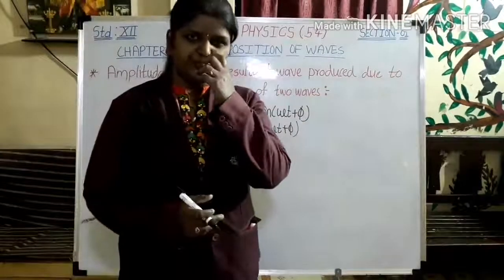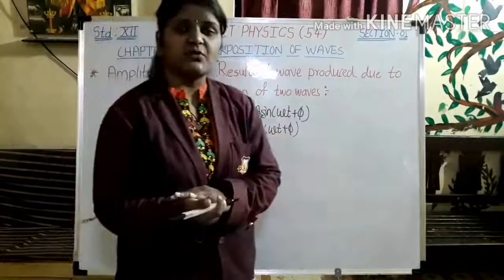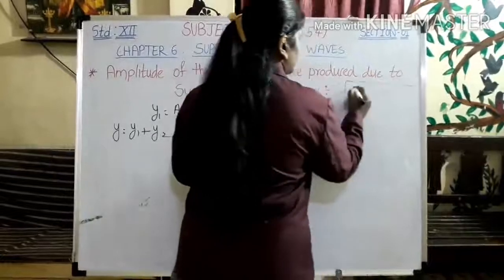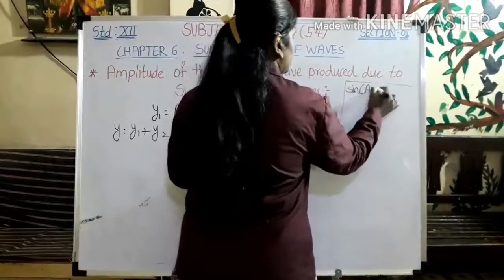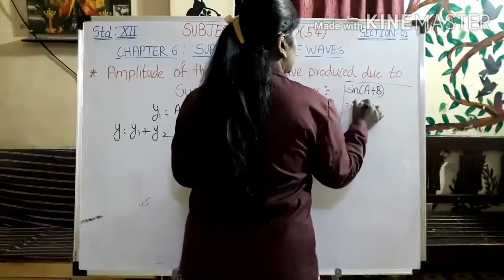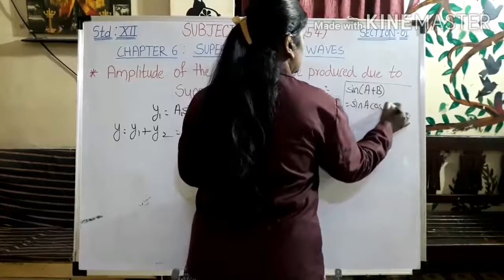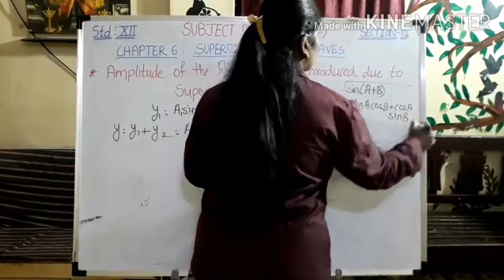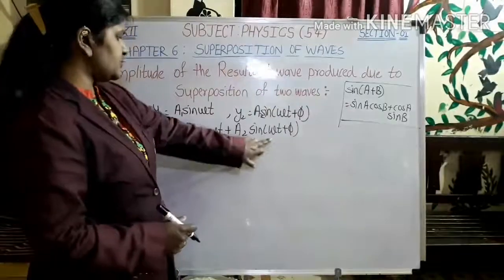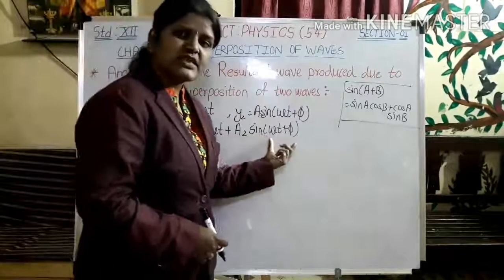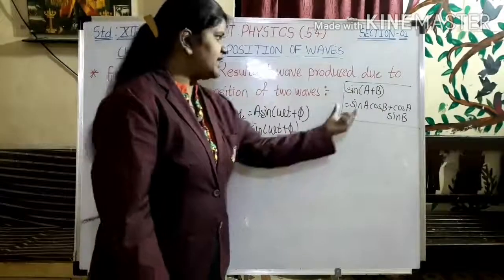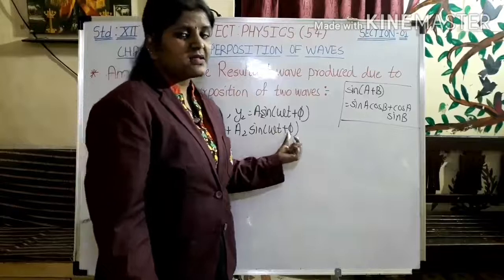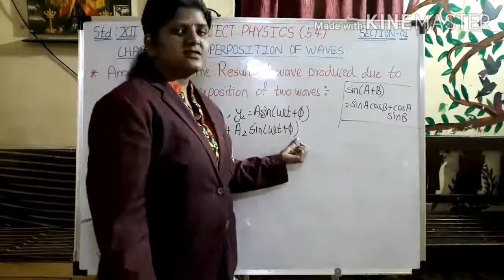Now we are again going to use a formula from math, which I will write over here: sin(a plus b) is given by sin a cos b plus cos a sin b. We are going to use this because we have the same kind of bracket over here, sin(a plus b). Your a will be considered as omega t and b will be considered as phi.